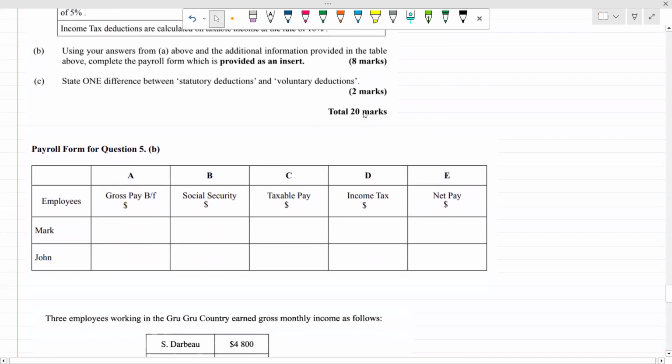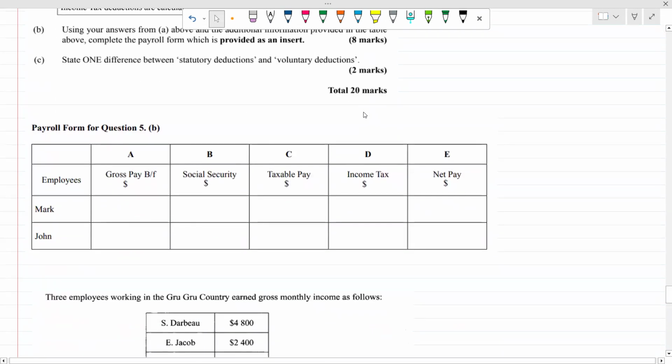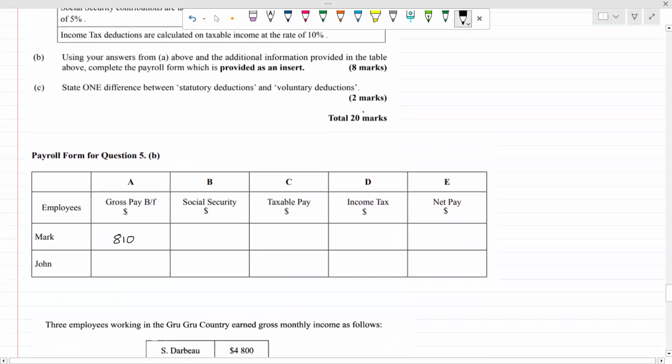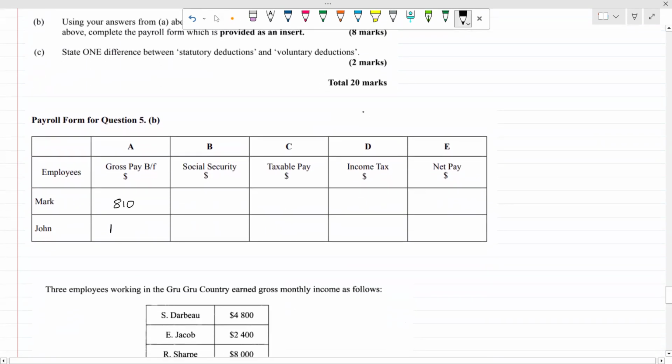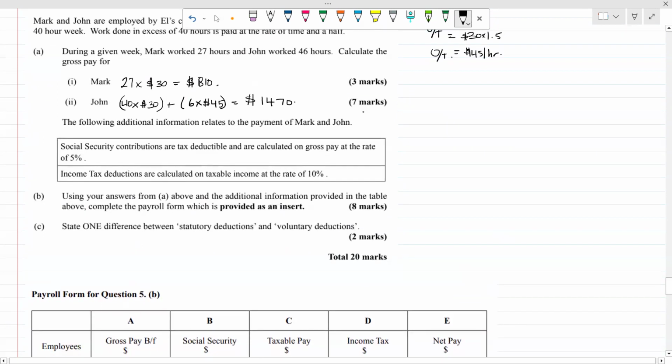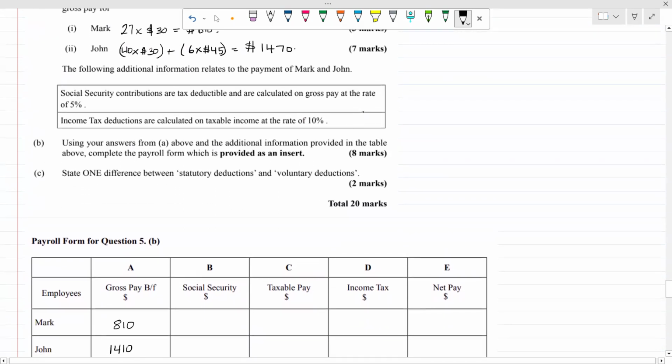All right, let's go. So gross pay I have here for Mark was $810, and for John was $1410. Social Security contributions are tax deductible, meaning that you don't pay taxes on this amount, right?